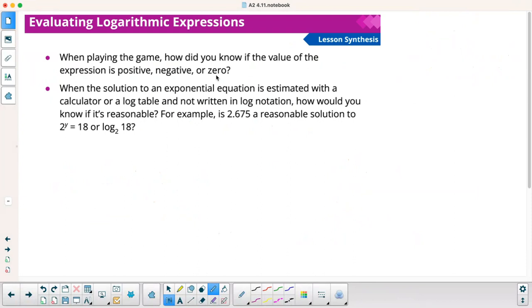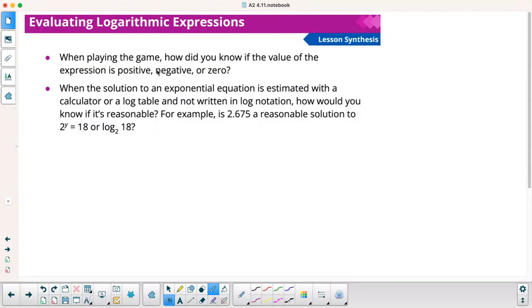So lesson synthesis. When playing the game, how do you know if the value of the expression is positive, negative, or 0? So negative would be if it was like a fraction that was less than 1. Positive would be, I guess, assuming that your base was a number greater than 1.